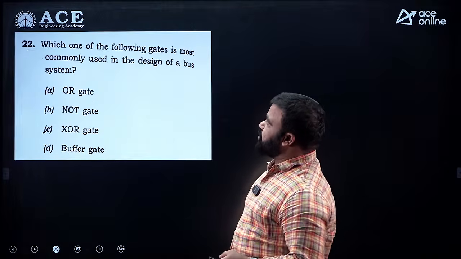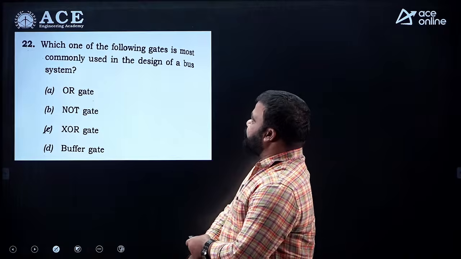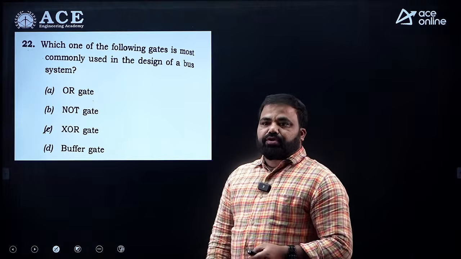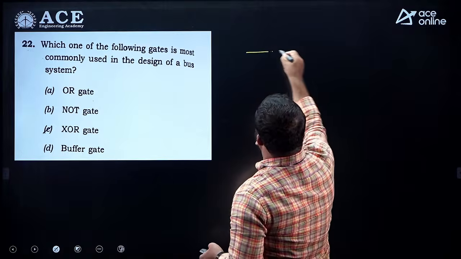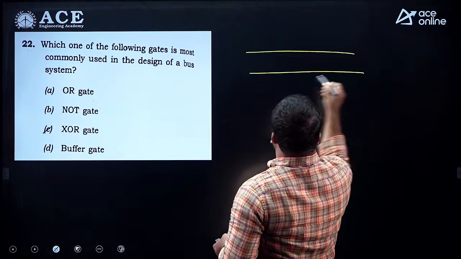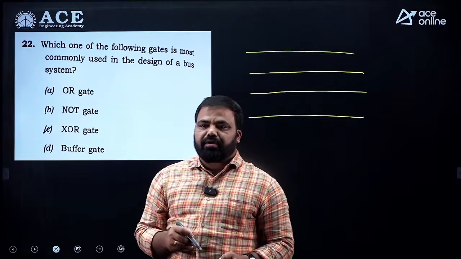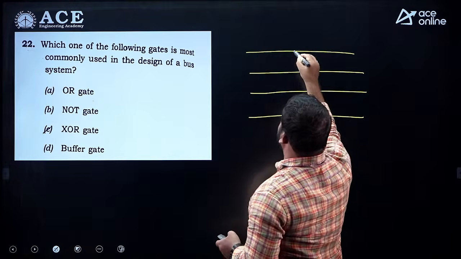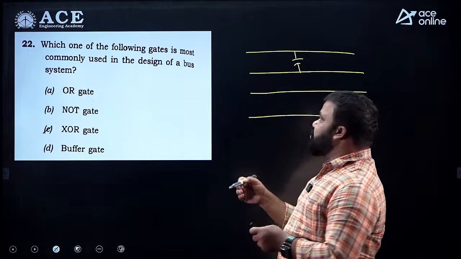Let us see the next question. Which one of the following gates is most commonly used in the design of a system bus? When a system bus is observed, the data is traveling on parallel lines. When parallel lines are there, obviously there is a coupling capacitance, which is proportional to the length.